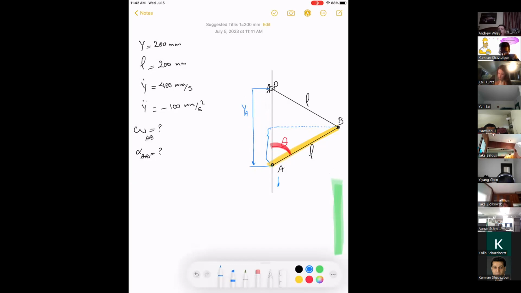Come on, guys. If the whole thing is YA, how much is this? That's half of Y. It's half of Y.